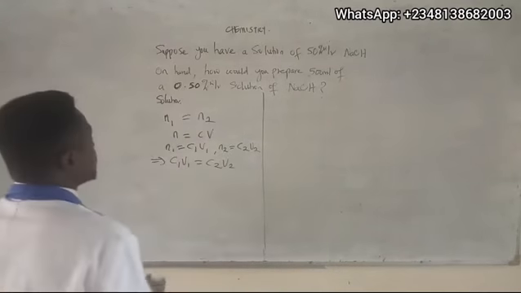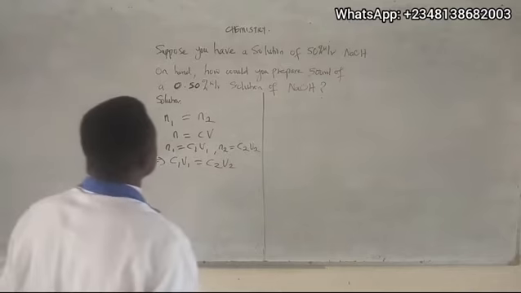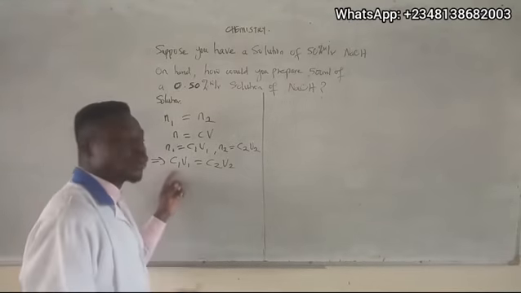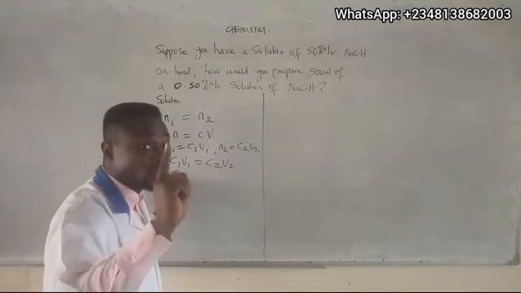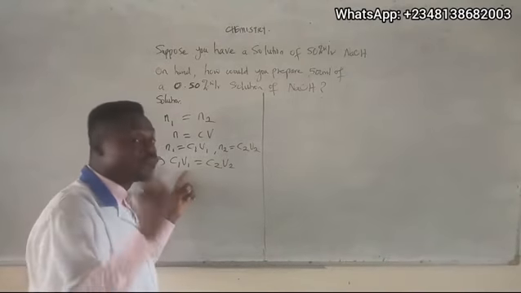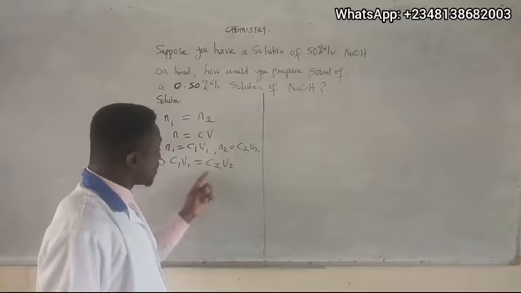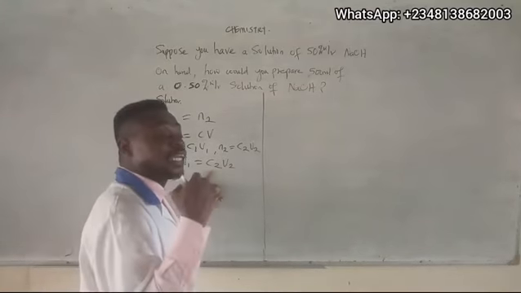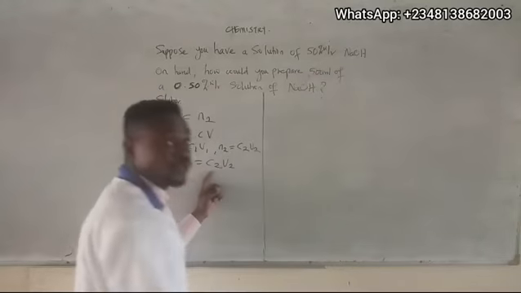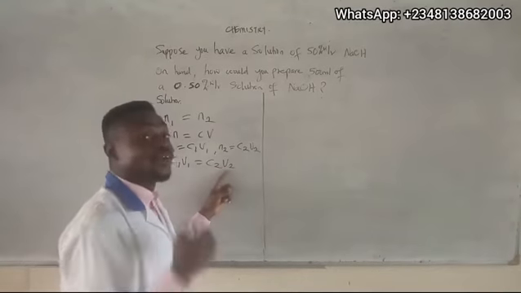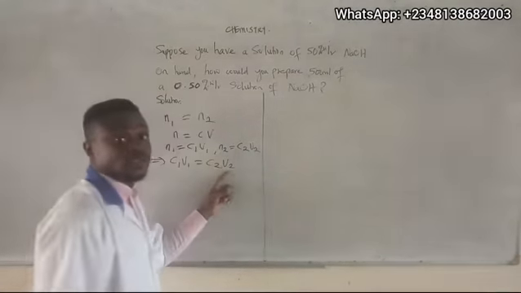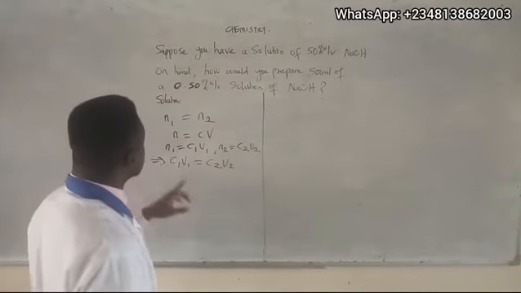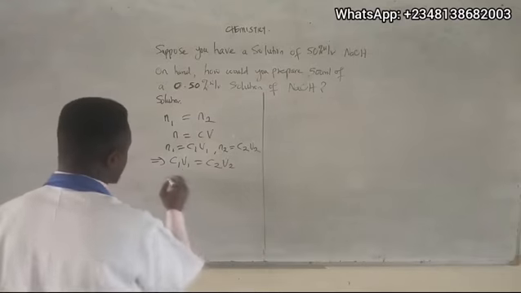This is the initial concentration, the concentration of the stock solution. This is the volume of that stock solution. This is the concentration of the diluted solution you produced, and this is the volume of the solution you produced after dilution.